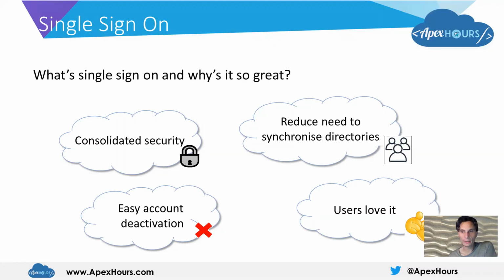It's also quite handy for staff turnover, because essentially the identity provider is the most important application to deactivate when somebody leaves. And if we do have all our applications authenticating through that one place, that gives us some assurance that the user genuinely can't access any enterprise systems.